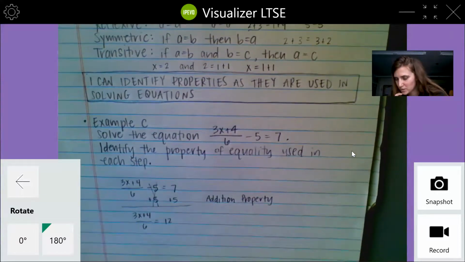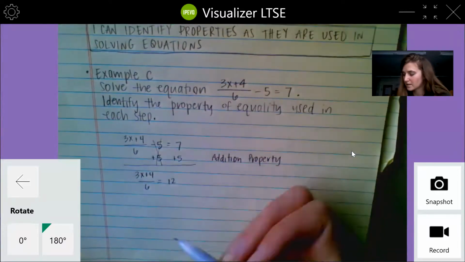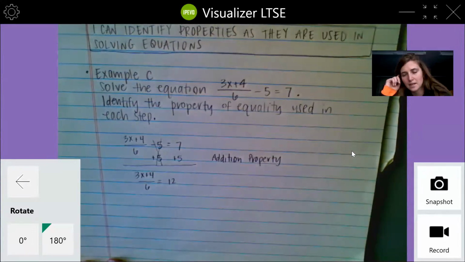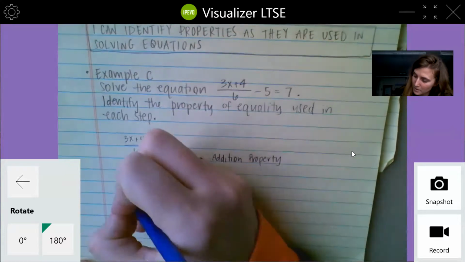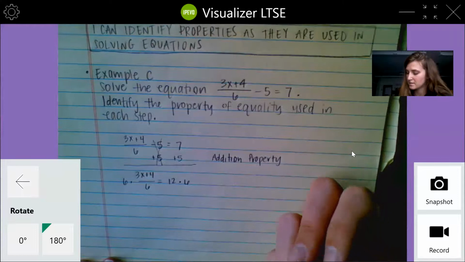And now what I'm going to do next is undo this division. I'm going to get rid of this 6. To get rid of this 6, again, I undo division, which means I have to multiply. So if I multiply this side by 6, I also multiply that side by 6.